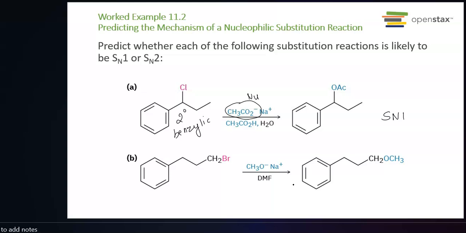Okay. Now the second one is a primary alkyl halide, which kind of suggests that it may go through SN2. Here again, look, this is a strong nucleophile, and also this is a polar aprotic solvent. So this all tells us that the Br is replaced by the nucleophile, which is OCH3, and it should be an SN2 type of reaction.